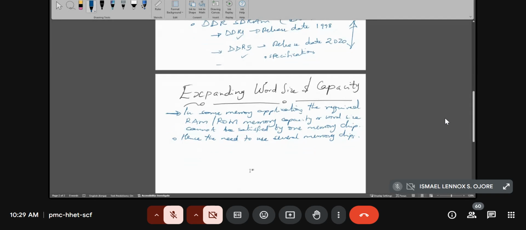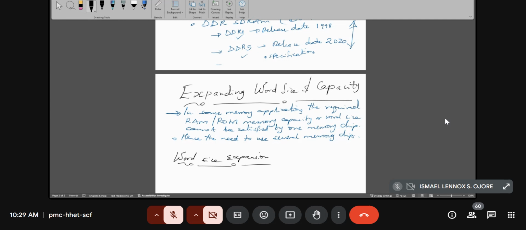So we'll start with how do we expand the word size. Word size expansion, and we already defined what is a memory word.